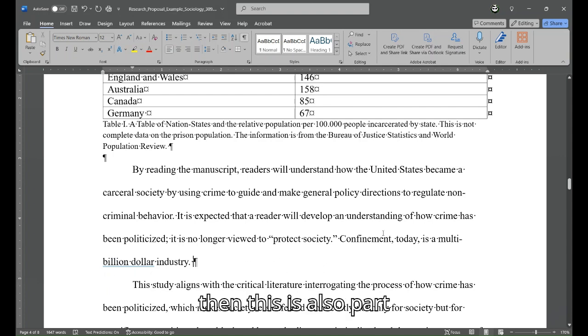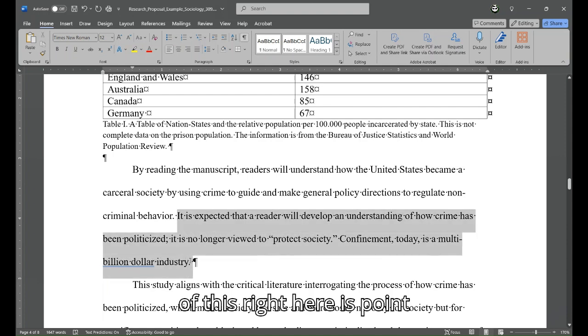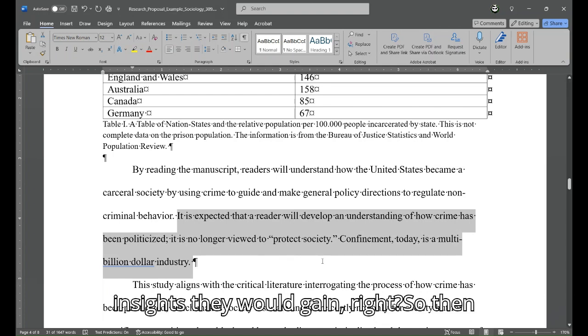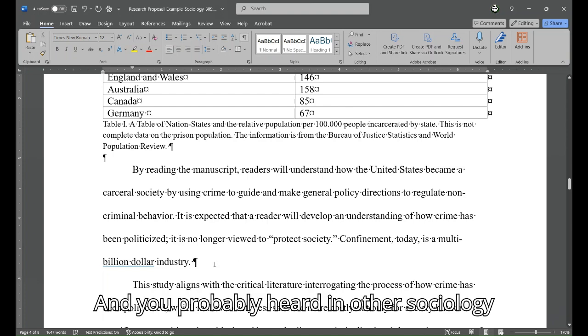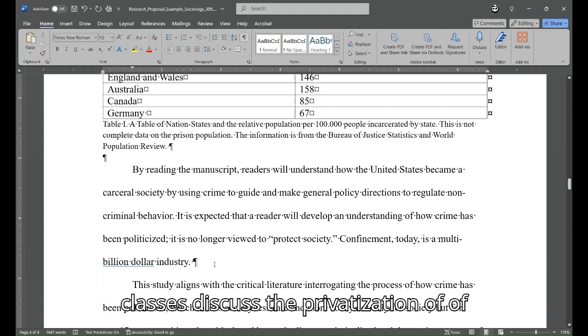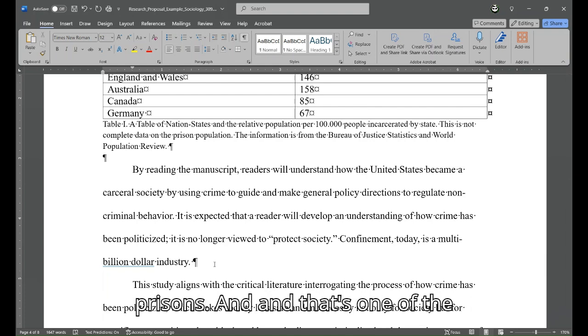So then this is also part of point number 5. Explain to your reader what insights they would gain, right? So now prison is a money making endeavor, right? And you probably heard in other sociology classes discuss the privatization of prisons.